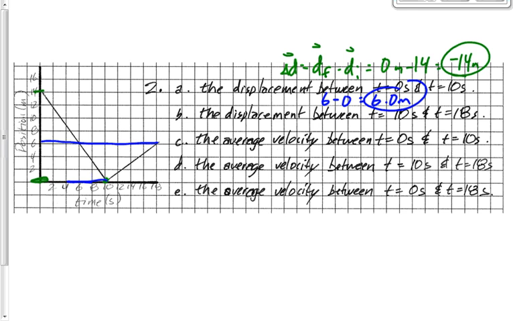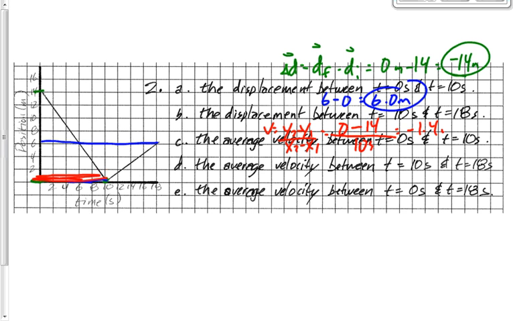The average velocity between 0 and 10. Velocity is the slope, y2 minus y1 over x2 minus x1. Between 0 and 10, the final position is 0. The initial position is 14, over a time of 10 seconds. Gives me negative 1.4.